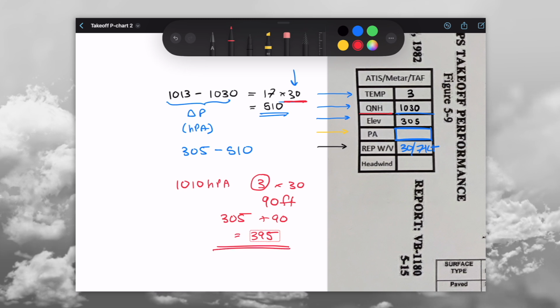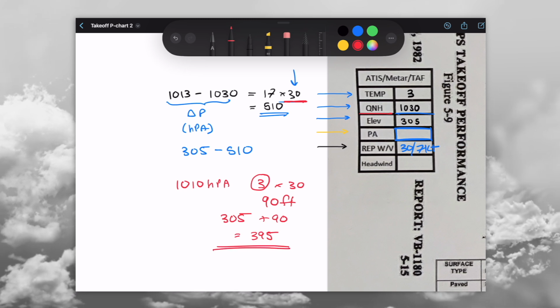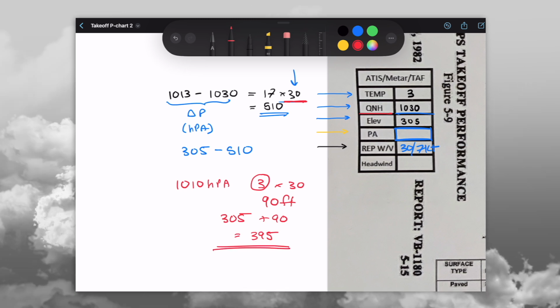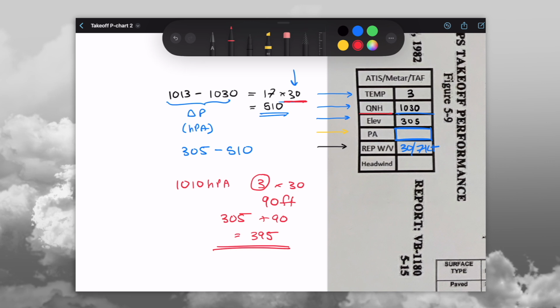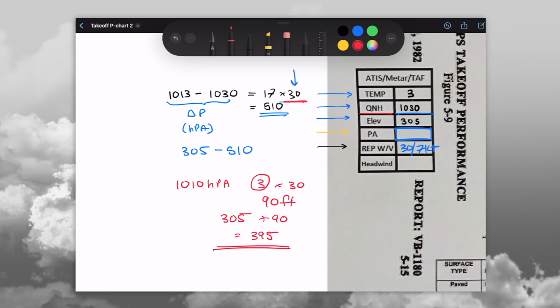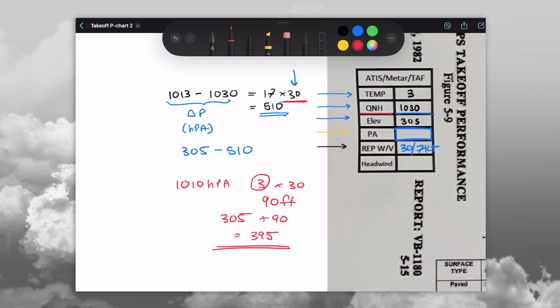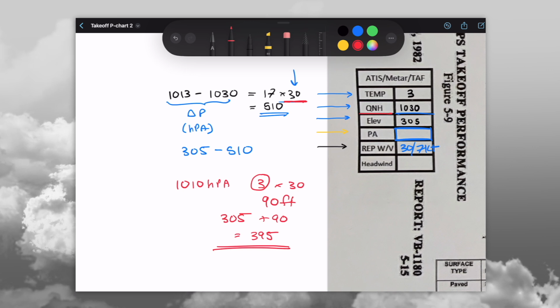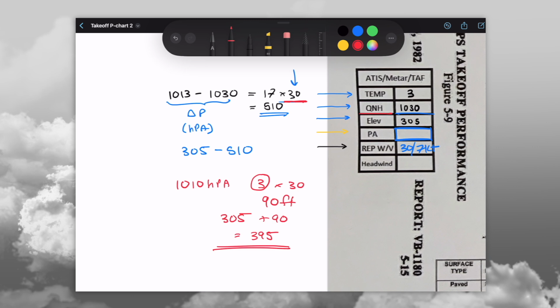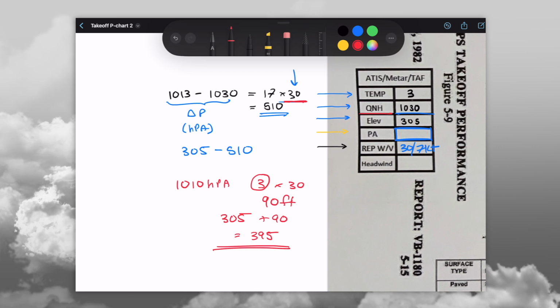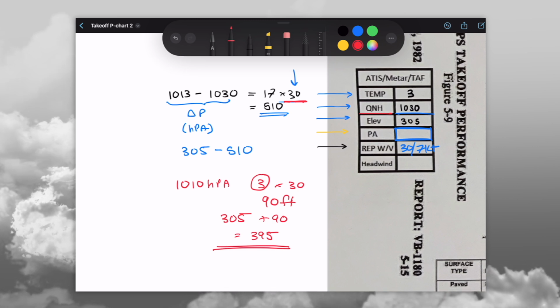So we can expect worse performance when our QNH, or our atmospheric pressure adjusted to mean sea level, is lower than what the standard conditions are.